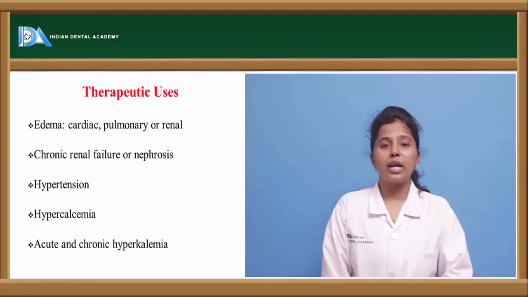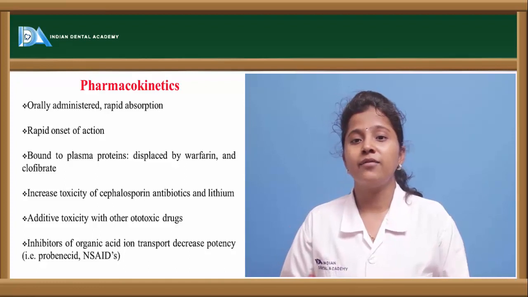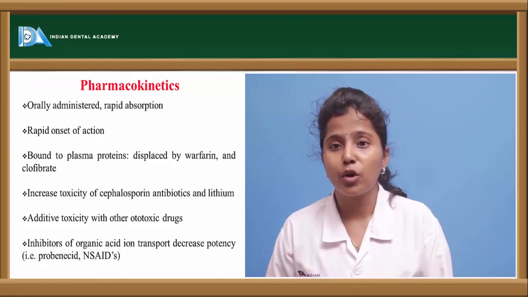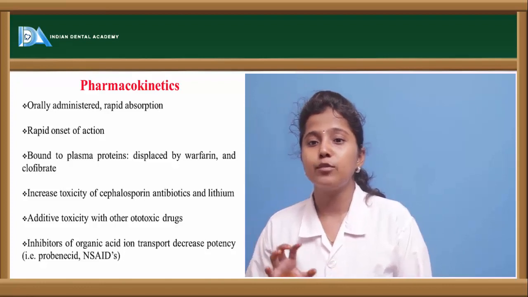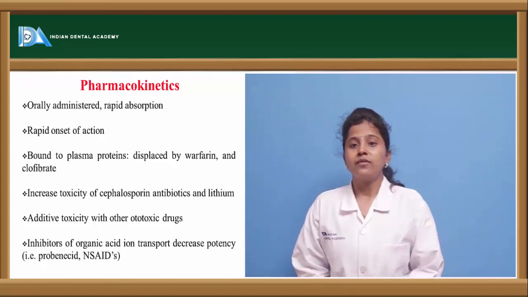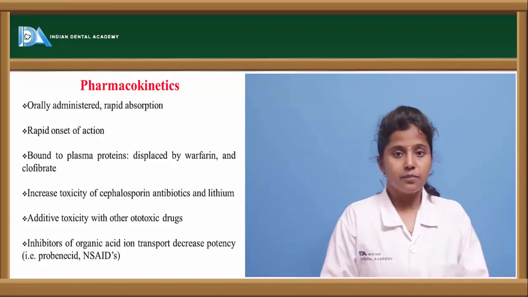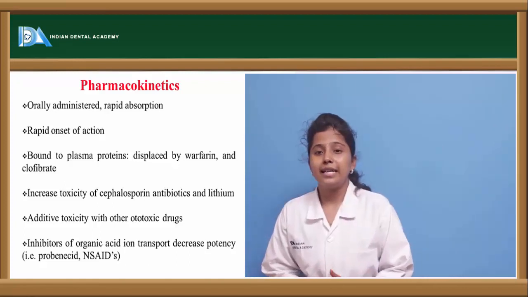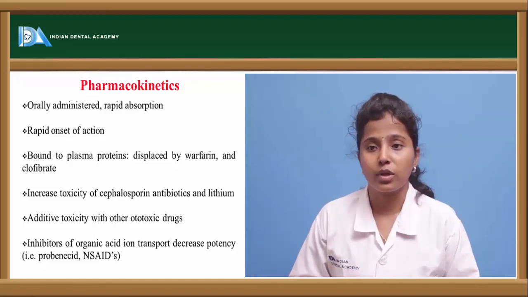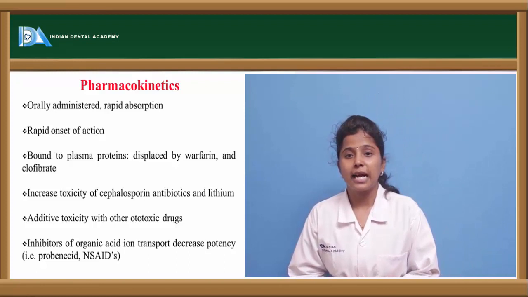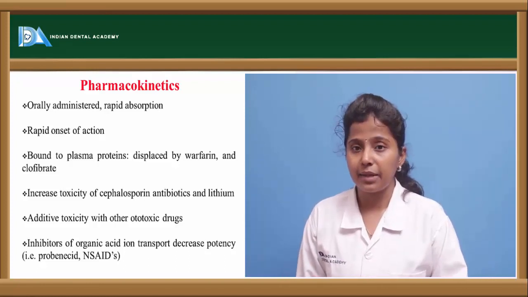And pharmacokinetics. Pharmacokinetics in the sense, when these loop diuretics are taken in the body, what happens to the drug, or how the drugs are getting absorbed into the body. The loop diuretics are usually administered orally, and they cause toxicity with cephalosporins. So we have to take care that the loop diuretics are not administered with cephalosporins and other antibiotics.